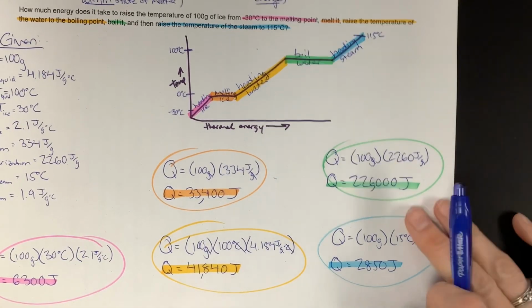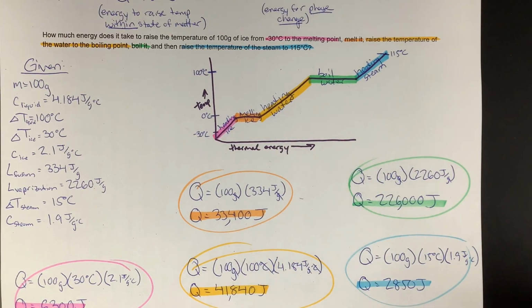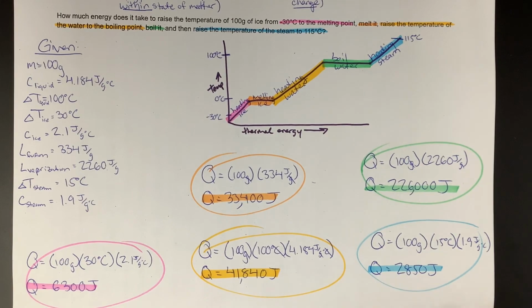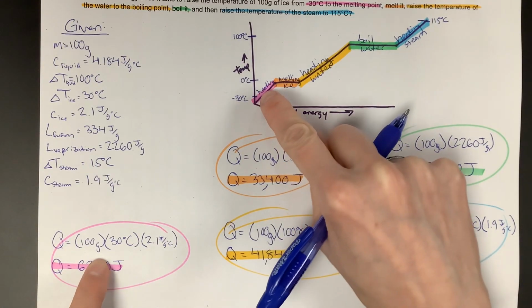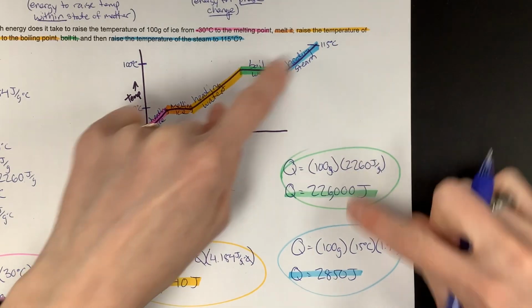Now, if we know how much energy it takes to do each individual one of these steps, how do we figure out how much energy it takes to do the whole thing? Well, how much it takes to do this, plus that, plus that, plus that, plus that.